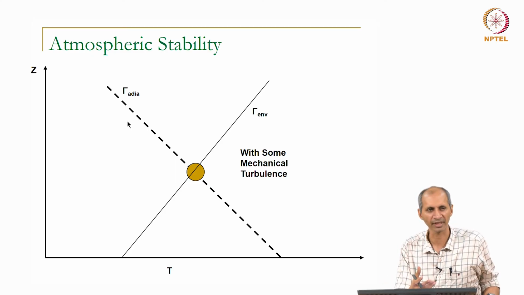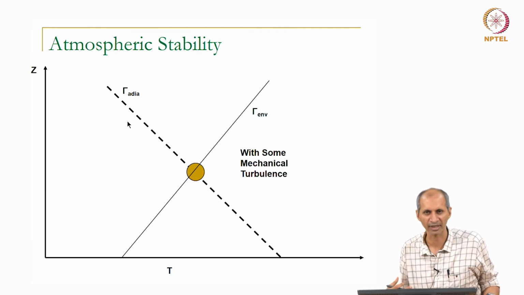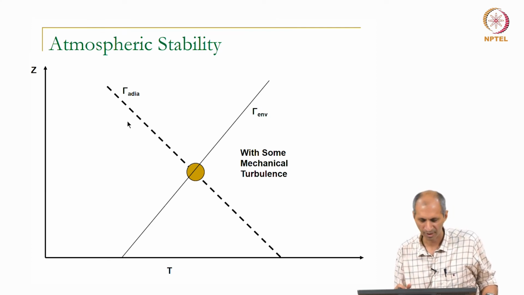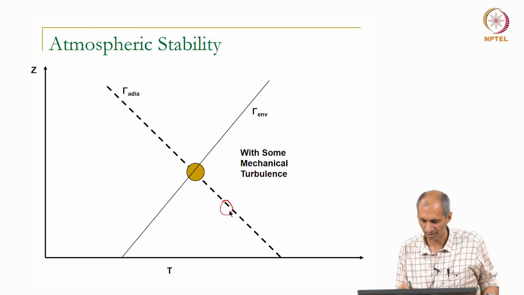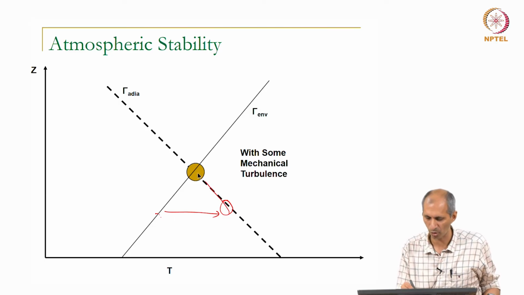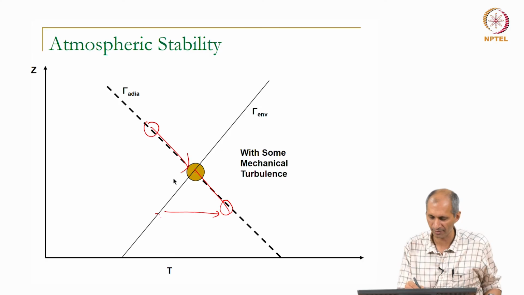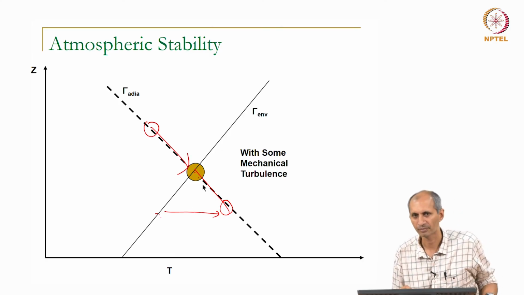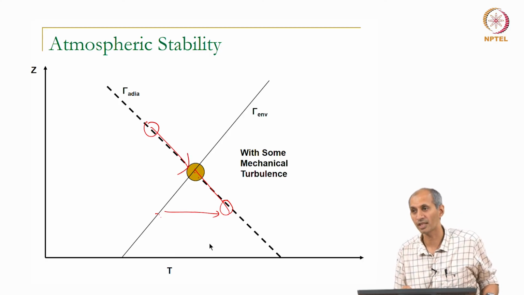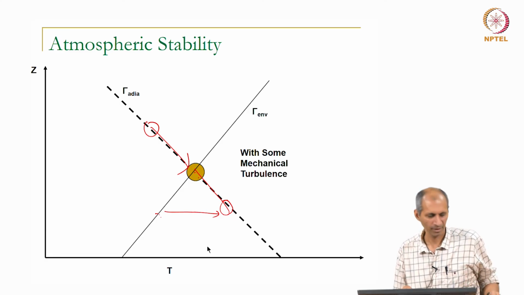So, the density will be greater, and it comes back down to the original position. In the same way here, the temperature is higher than the surrounding temperature, so it will want to go back to this point again. Here again the temperature is lower, and therefore the buoyancy will drive it back to this point, which means it is very stable.